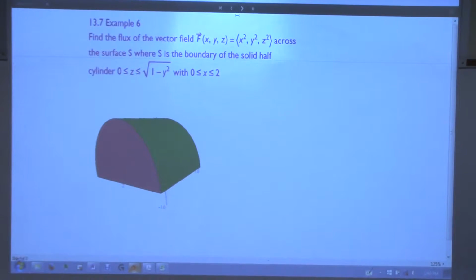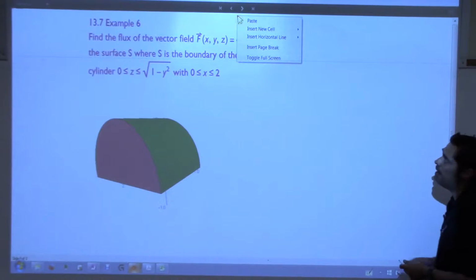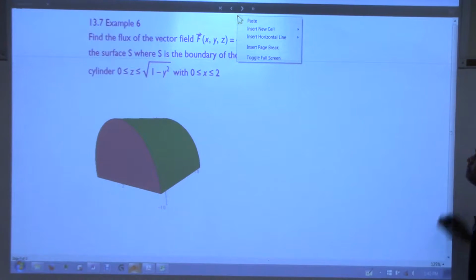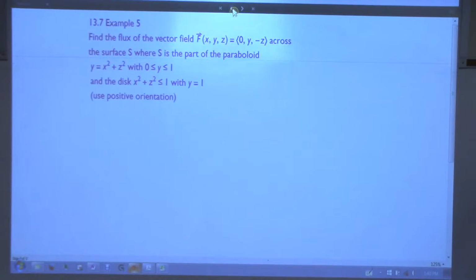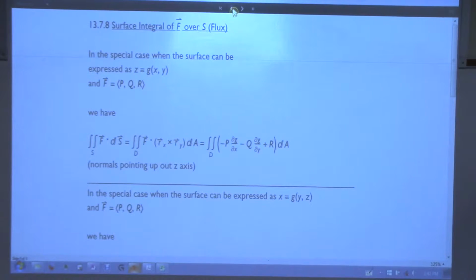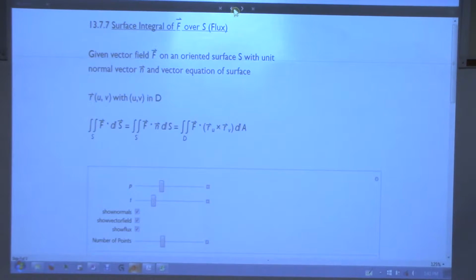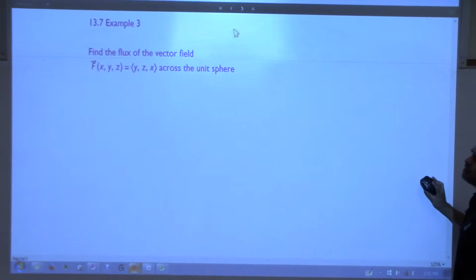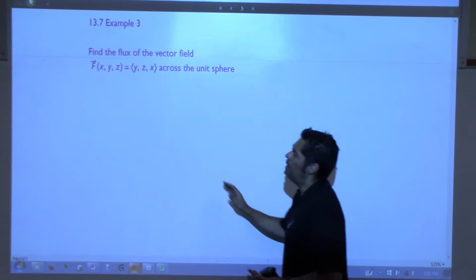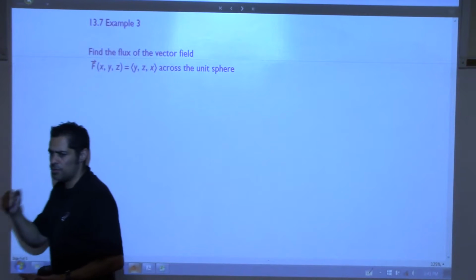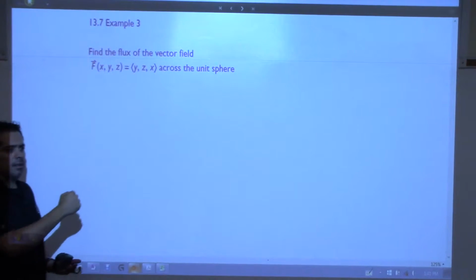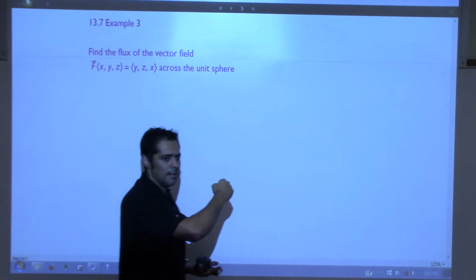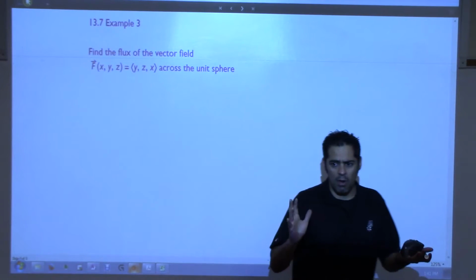What I hope you've seen in these last examples is that, maybe if I look at the first example, we did flux on this right here. And when we did this one, we just used the hardcore formula of F dot the cross product of the partials.